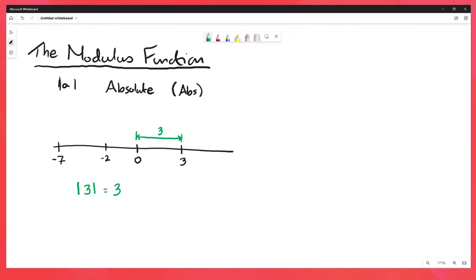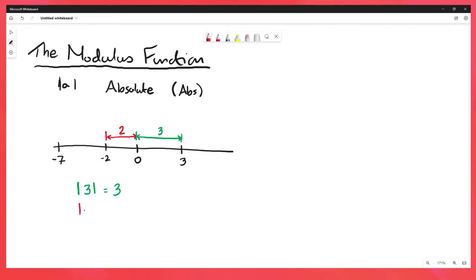But what about these negative numbers? Well, the minus 2 is negative 2, but it is 2 units below 0. That's all that the minus does for us, it tells us which direction we're going in.